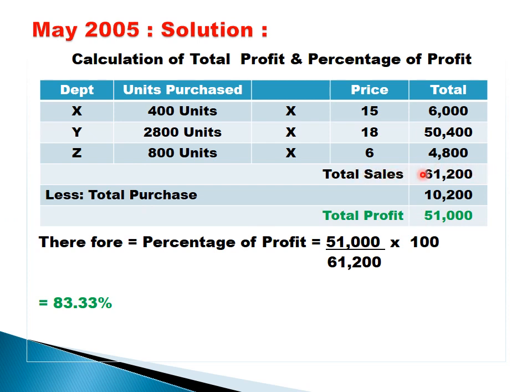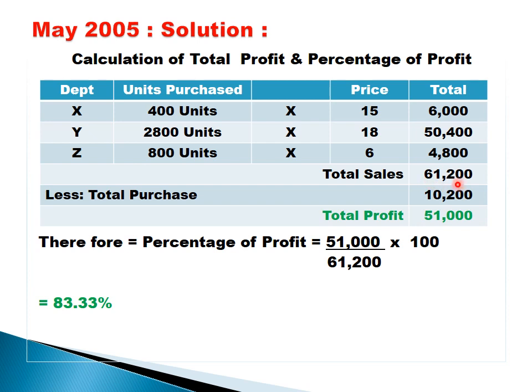Total sales minus total purchase, we get profit. 400 units are sold at 15 rupees, that is 6,000. 2,800 units are sold at 18 rupees, that is 50,400. 800 units are sold at 6 rupees, that is 4,800. So the total sales of all the three departments is 61,200.